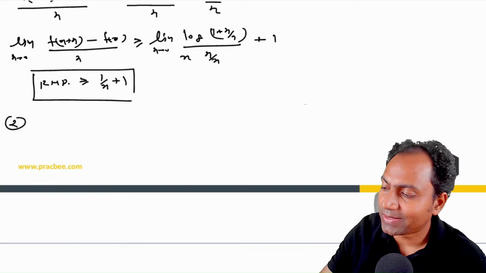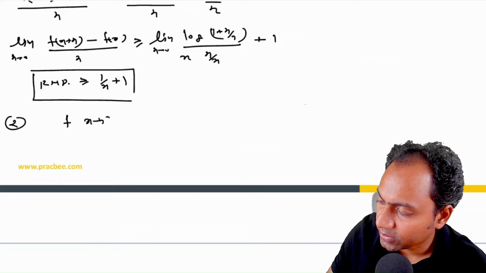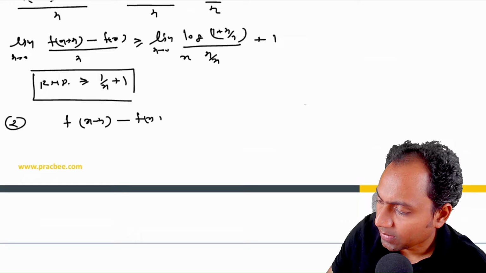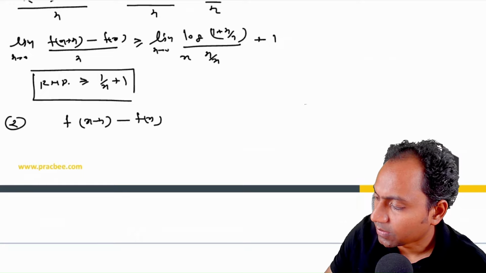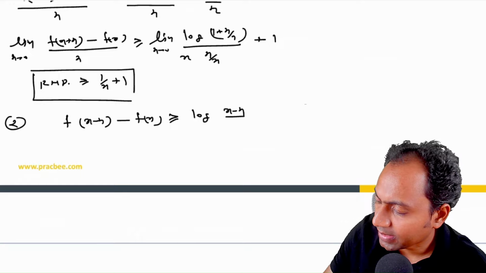Now if I want to find the left hand derivative, let us write this as f of x minus h minus f of x. So this becomes nothing but log of (x minus h) by x. This becomes nothing but minus h.